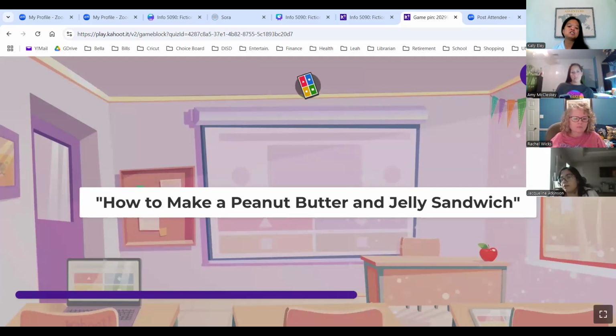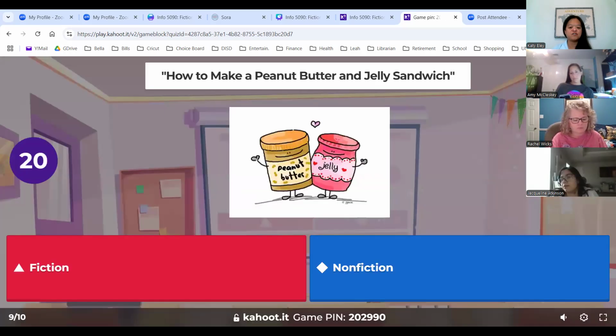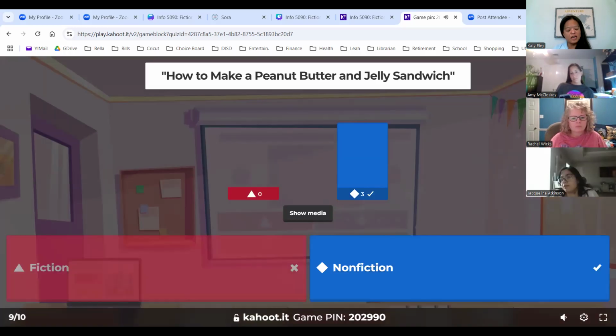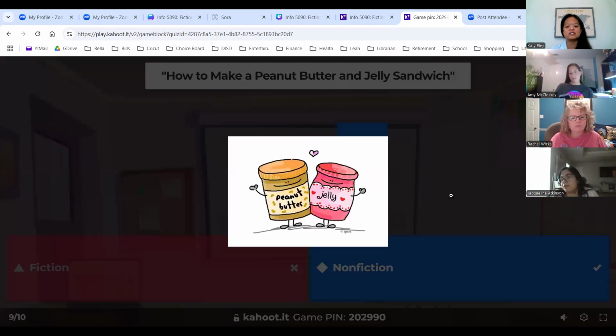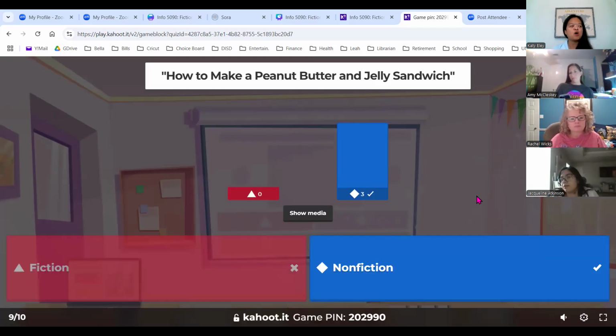How to make a peanut butter and jelly sandwich, fiction or nonfiction? Yeah, it's nonfiction. Now, why? I could also see the little ones saying, no, it's fiction because it's characters and you can't have arms and peanut butter and jelly. So, how would you have a discussion with the students on how to make a peanut butter and jelly sandwich a nonfiction story?